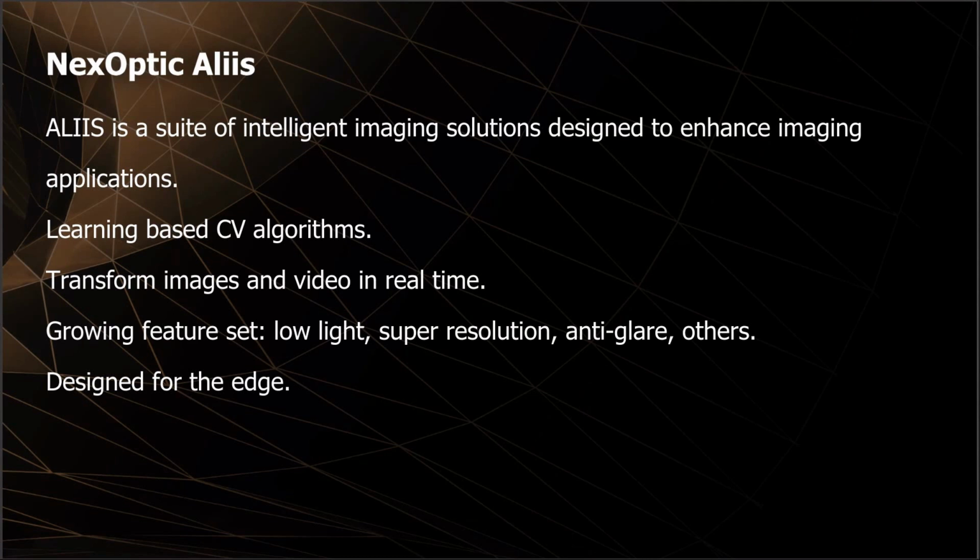In our case, we are transforming an input image into a completely new image. When we say we've transformed the image, it means we've designed these algorithms to literally enhance each and every pixel they process. In the case of ALIIS Lowlight, which we'll dive deeper into in just a second, our AI learns the unique imperfections and flaws of a sensor and removes them in real time.